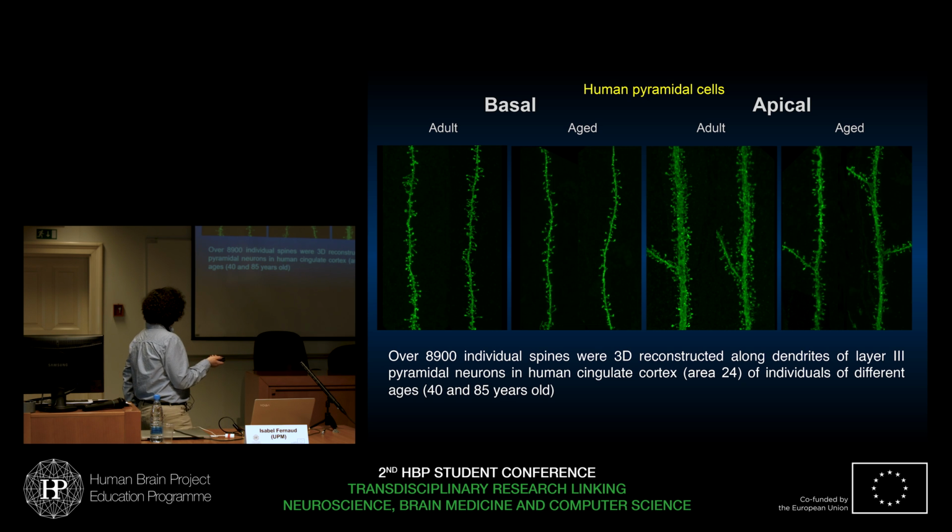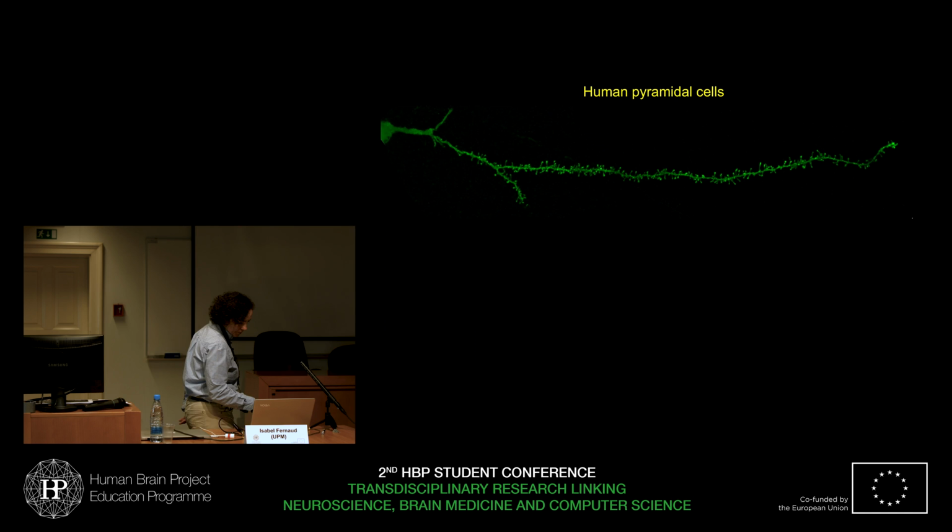What we have done with this Imaris commercial program, we have studied the dendrites in different cases in human pyramidal cells, both in adult brain and aged brain, comparing the apical and the basal dendrites. So we studied over 8,000 spines, 3D reconstructed in layer 3 dendrites of the pyramidal neuron.